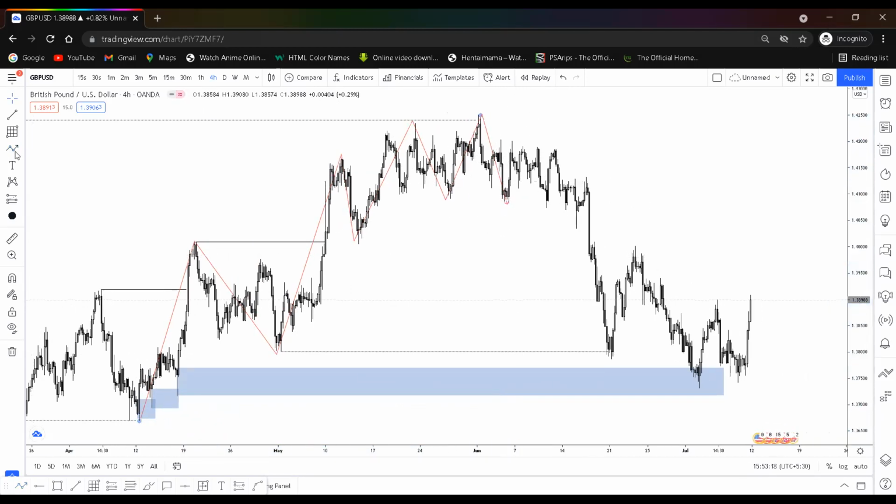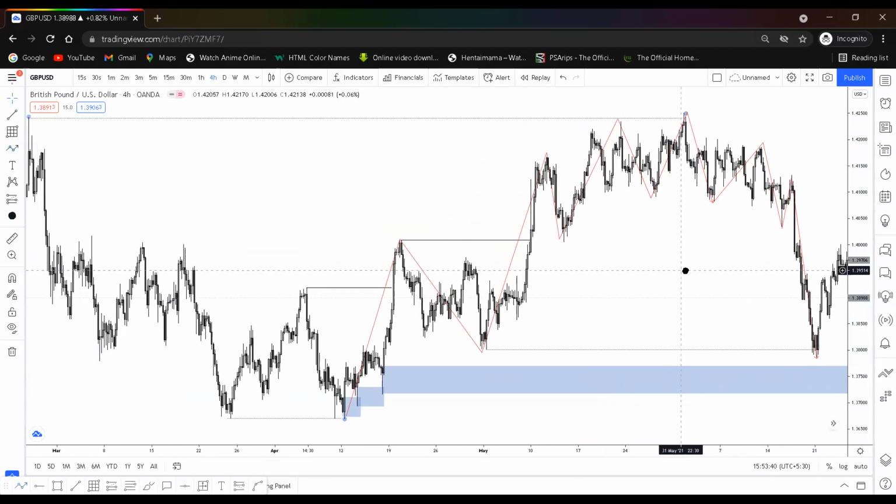Now we're retracing back down. Why? To get the internal range liquidity, because external range liquidity has been taken out, and the next target is the internal range liquidity. Then price broke structure, came back down, retraced, and then boom, this was NFP, came back down heavily.